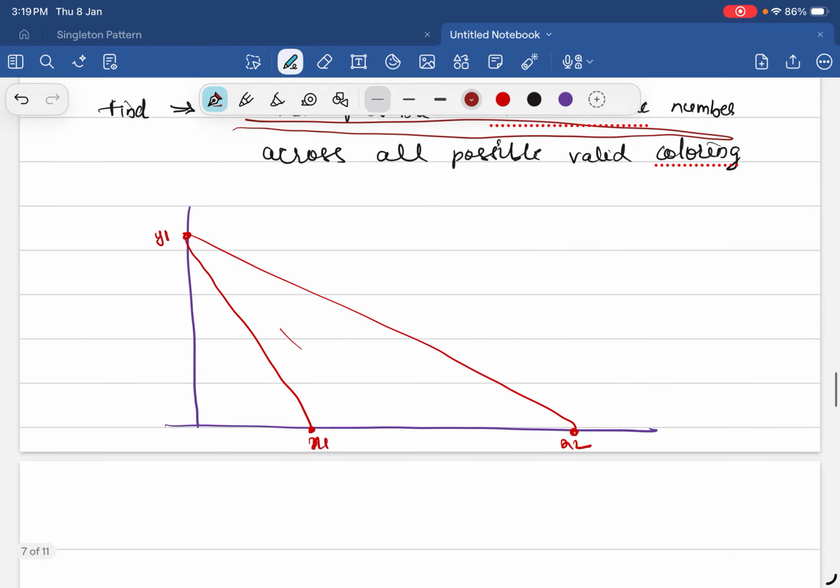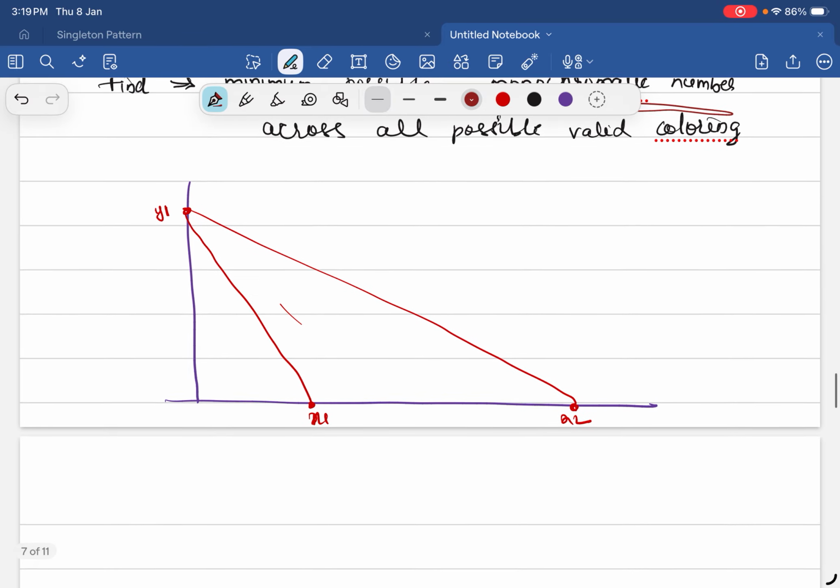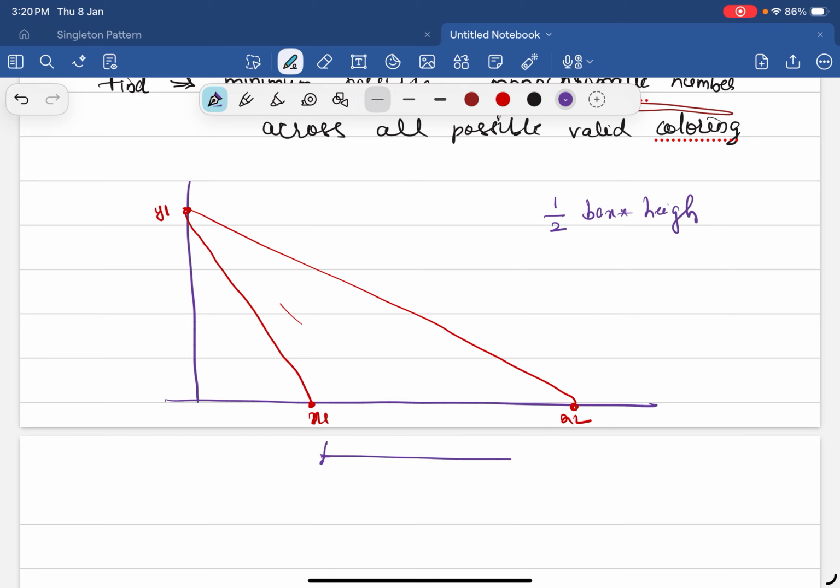continue our discussion further. Before that, we first need to understand how we find the area of the triangle. Okay, if you have 3 points x1, x2 and y1, then the area of a triangle is nothing but half base into height. Now here, what is the base? Base is this length.